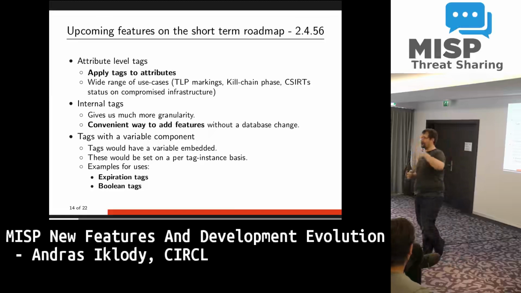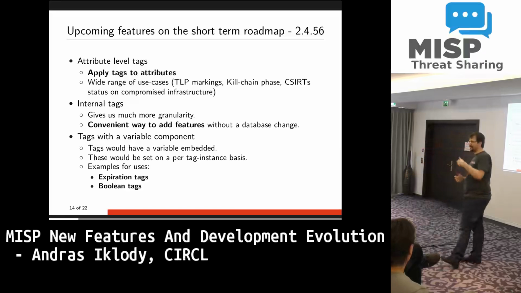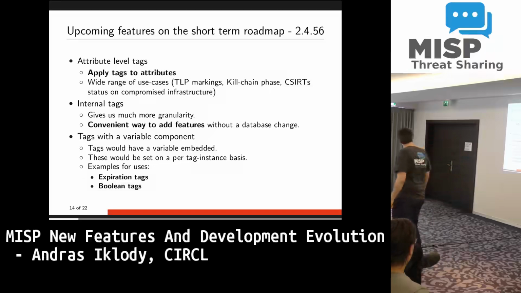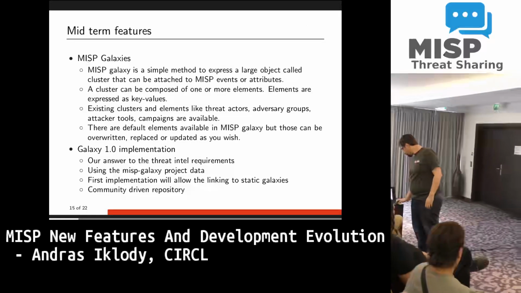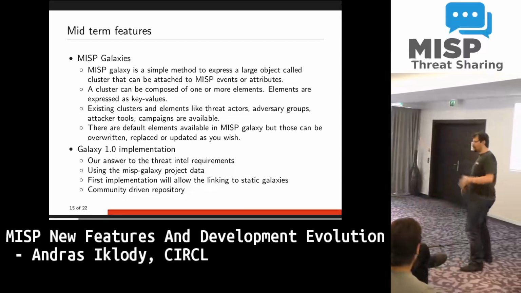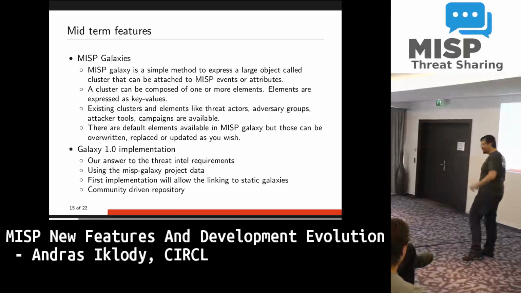And then you would have, for example, an expiration time set in that variable. And then it would be able to execute those. Okay, and some other ideas are Boolean tags and so on.